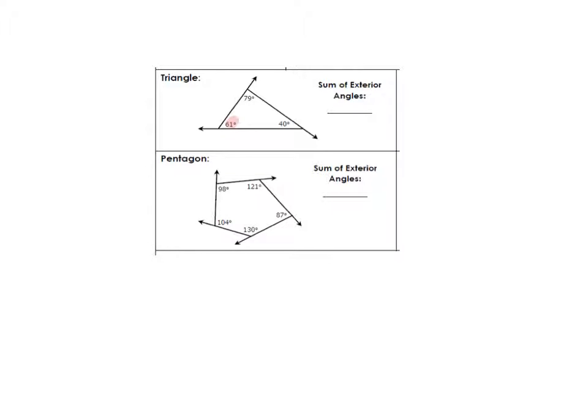This is interior, interior, interior. However, this says sum of the exterior. So I'm going to put the exterior in green. That's this one right here, this outside angle right here, and this outside angle right here. Well, the good news, it's not a formula. All the exterior angles come up to 360 degrees.